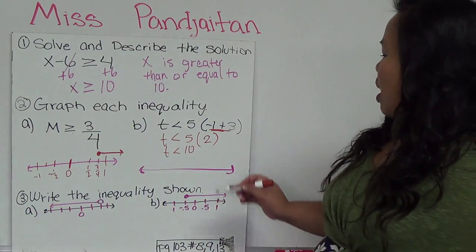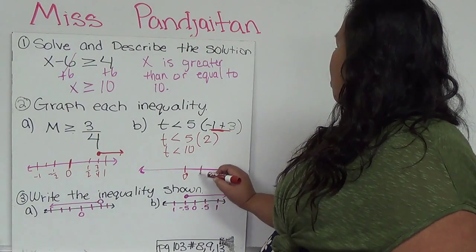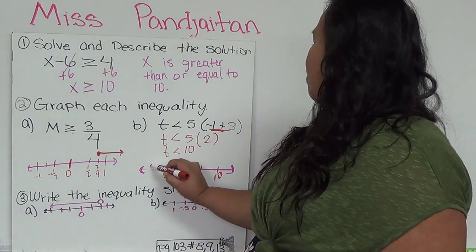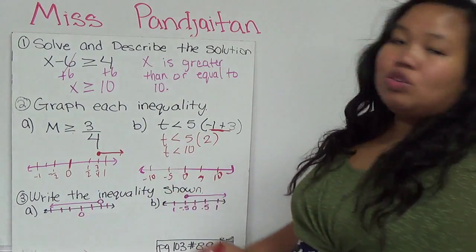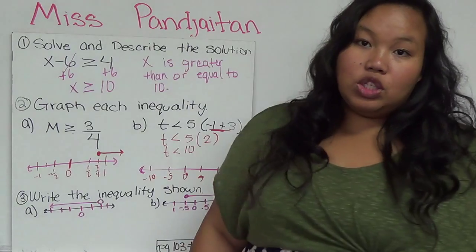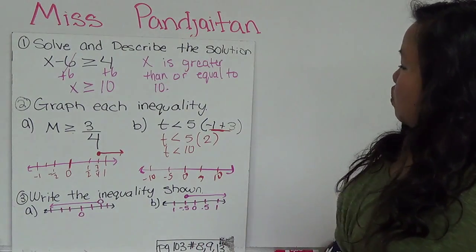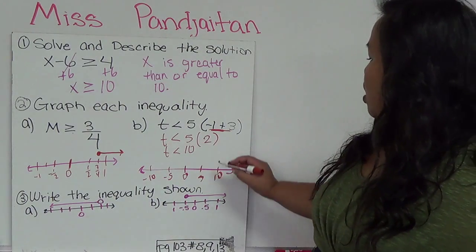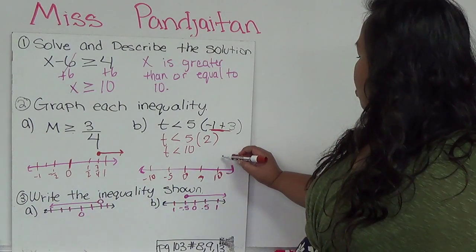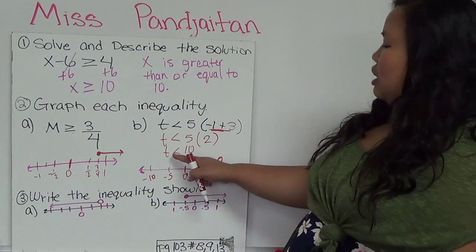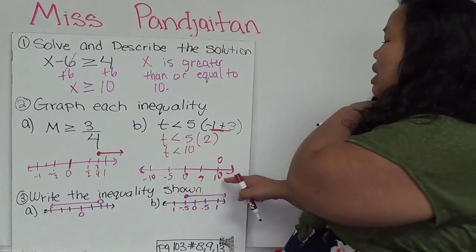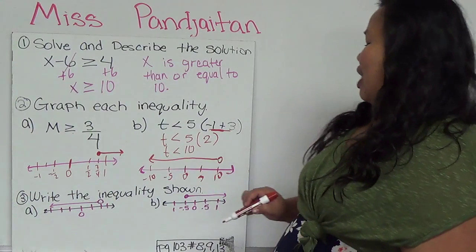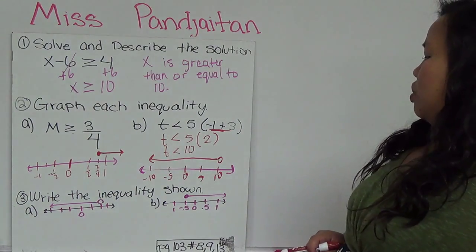Right? So I'm going to start off with 0, 5, 10, -5, -10. And when you draw these graphs, they can be in whatever sequence you want. Okay? So is this one open circle or closed circle? Well, because there's no line underneath, we're dealing with open circle. And all the numbers that are less than 10 will make this true. So any numbers to the left of 10 will make this true.